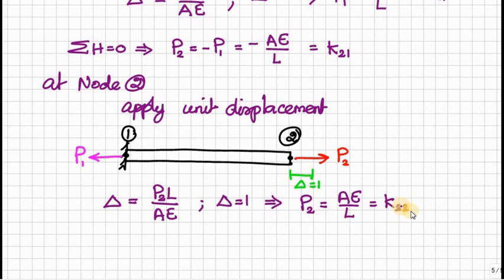Therefore K22 is nothing but AE by L. So P2 is the force due to the unit displacement, which is the definition for stiffness coefficient.